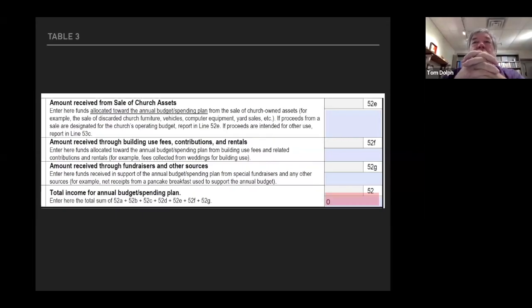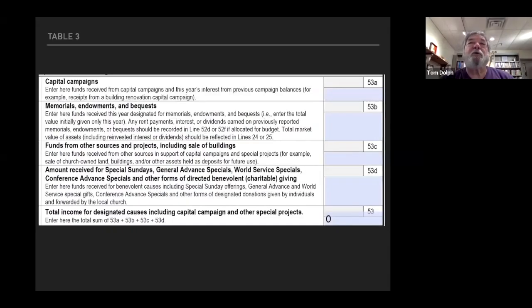They would pick up a utility bill off of the end of the pew and either pay it directly or give money for that, which would then be used to pay the utility bill. That is an operating expense. Anything that would typically, normally, common sense say this is a current year operating expense, the income for that goes somewhere on line 52, as opposed to line 53, which is the same categories as above.